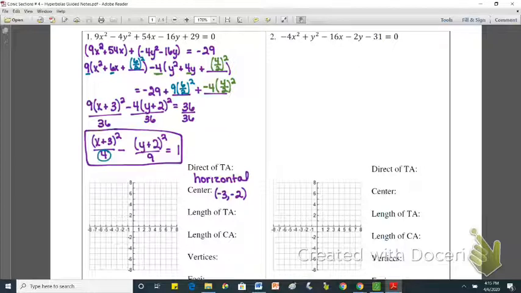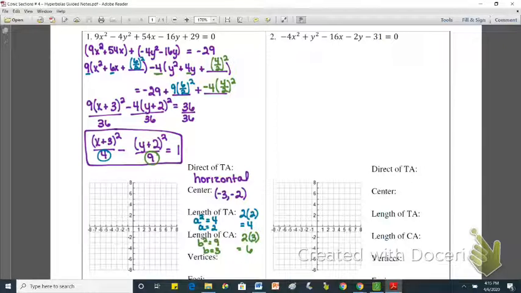So this right here tells me my a squared value. So a squared equals 4. A equals 2. My transverse axis will be 2 times 2, which is 4. My conjugate axis goes with this number. So my b squared equals 9. B equals 3. So my conjugate axis is 2 times 3, which is 6.